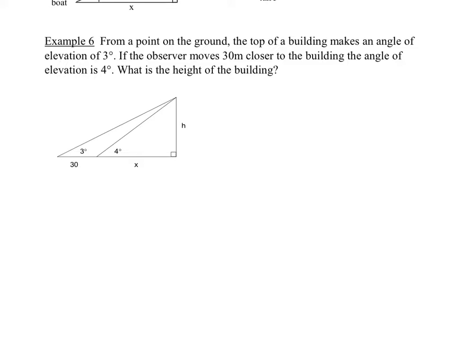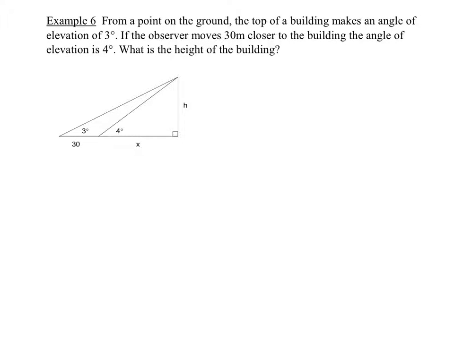Now here's a much more difficult question, and this is tricky, but it's a kind of application that allows people to do things like find the distance between stars and things like that. What we've got here is a building, and our job is going to be to try to figure out the height of this building.